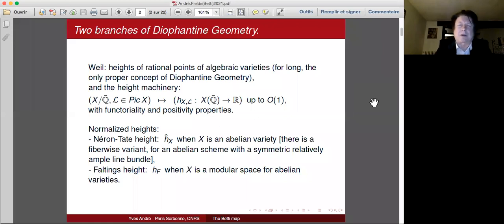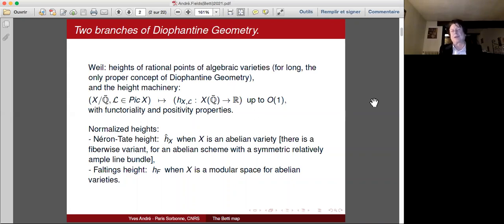So Diophantine geometry can be argued to start with Diophantus, because of course before there was Diophantine analysis, but the emphasis on geometry came later, and it was probably Weil who transformed this field from an analysis to a geometry. So he introduced the notion of height of rational points of algebraic varieties.